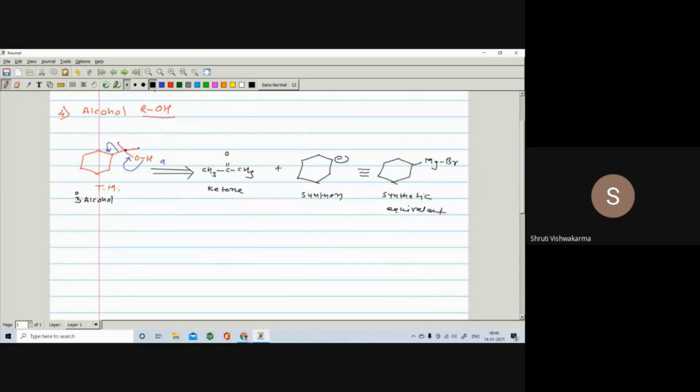There is also another path by which we can carry out disconnection. Here only I will write the disconnection of this TM.